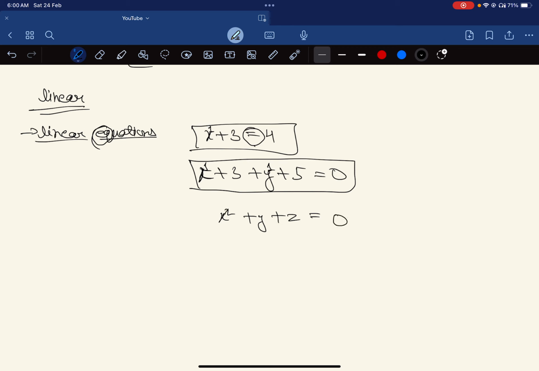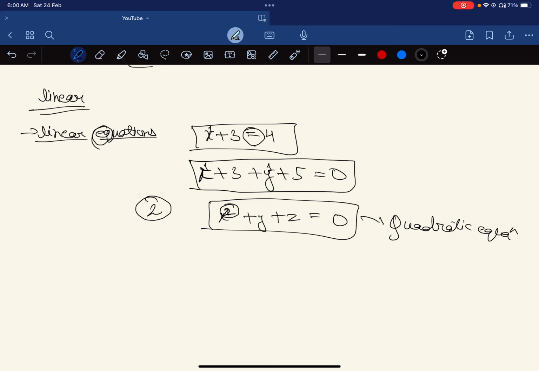Is it a linear equation? No. Because the highest power of our variable is 2. It is not linear. It is a quadratic equation. But we'll come later to quadratic equations in chapter number 6 or 7. I don't actually remember, but you have M.L. Aggarwal. You go through it. I'll teach it here.